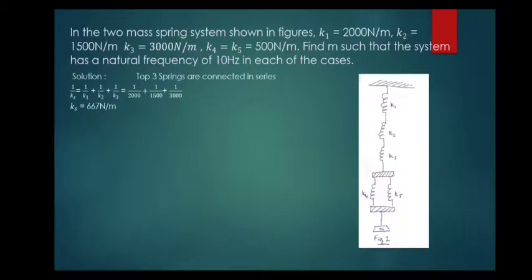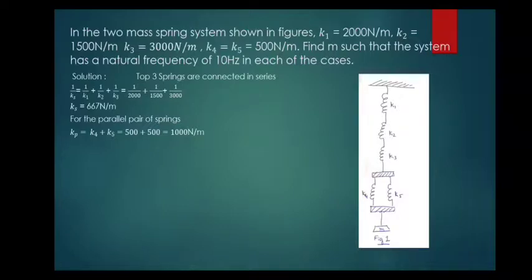After simplifying, you will get Ks, the resultant of the springs connected in series, as 667 Newton per meter. Now the pair of springs connected in parallel: Kp is equal to K4 plus K5, which is 500 plus 500, 1000 Newton per meter.